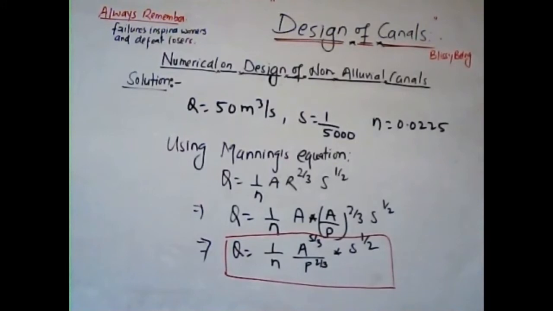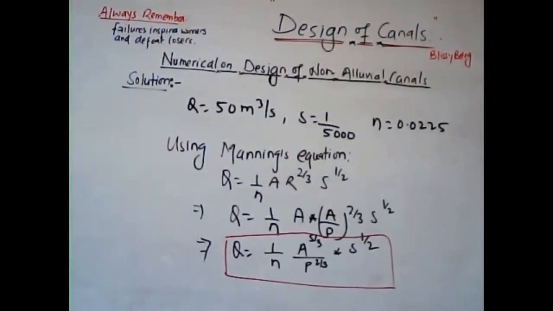So using Manning's formula, we have discharge equals 1 by n A R to the power 2 by 3 S to the power 1 by 2. Here the hydraulic radius R can be written as the ratio of the wetted area by the wetted perimeter, A by P.